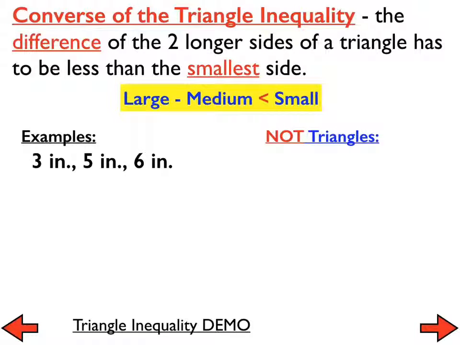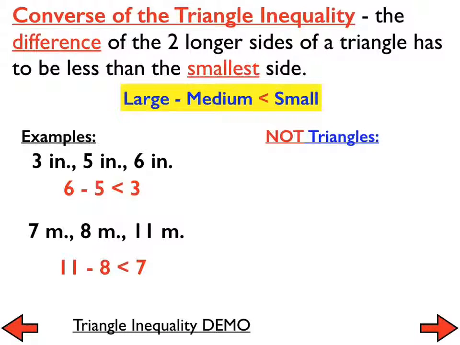Is 1 smaller than 3? Yeah, so this one makes a triangle. 7, 8, 11. The 2 long sides would be 11 and 8. 11 minus 8 is 3. Is 3 smaller than 7? Yeah, so this makes a triangle.